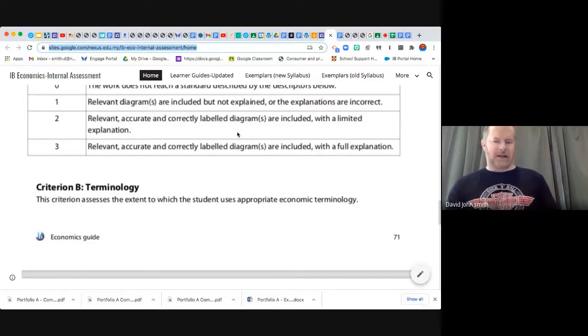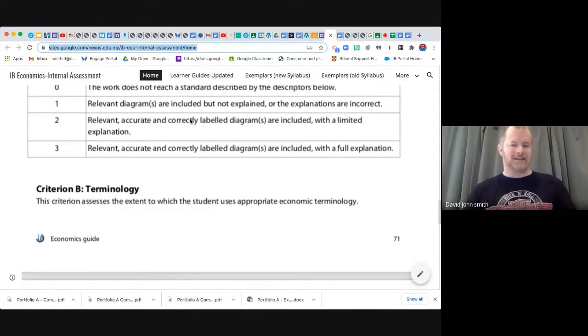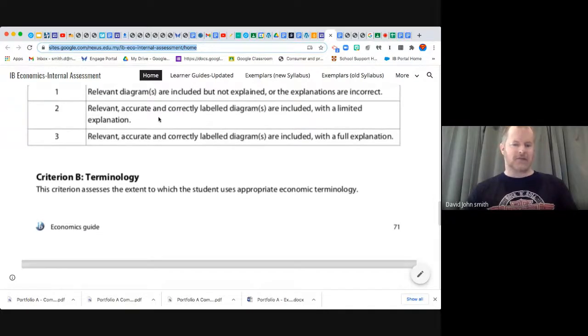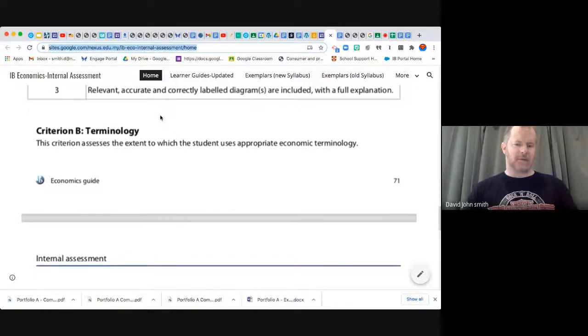They need to be correctly labeled, and we're going to see that that can be a pain. And they need to have an explanation. So if we're looking again at that 3, it needs to be a full explanation, which means that you aren't missing anything. There's no part of the diagram that you could have explained that you haven't. Now, again, there can be interpreting of a lot of this. You can see some vagaries occurring in there as well. I think that might be a bit vague.